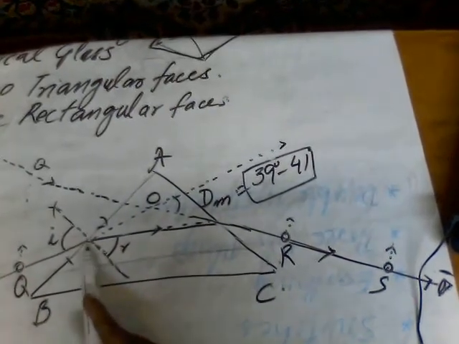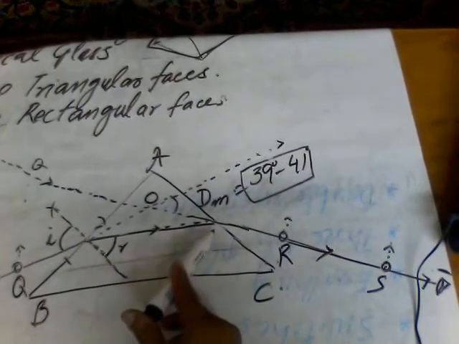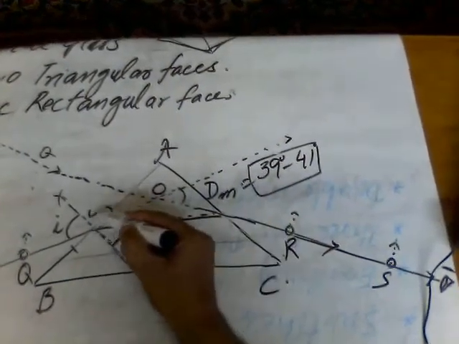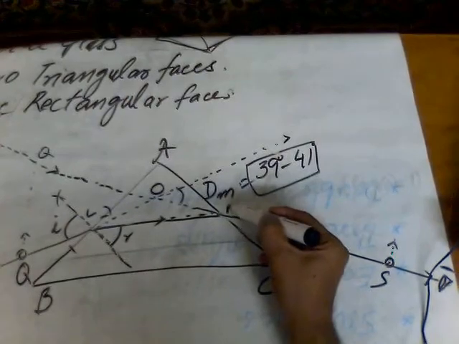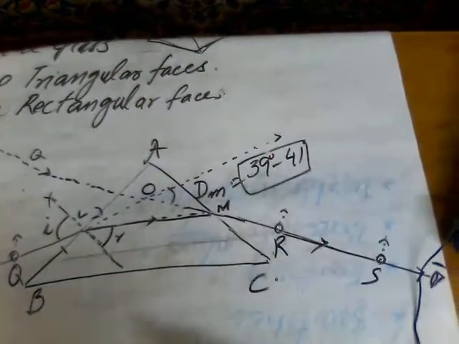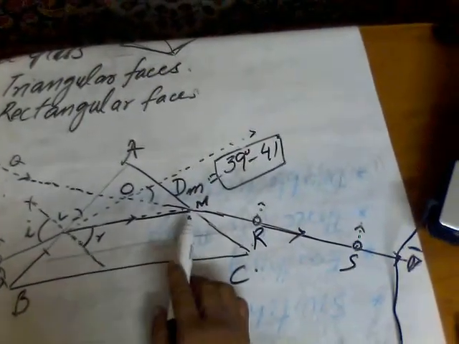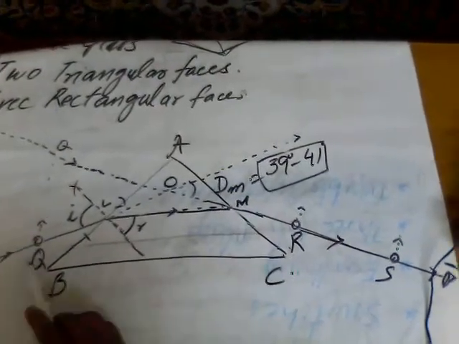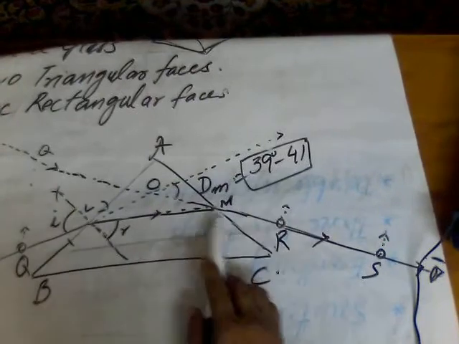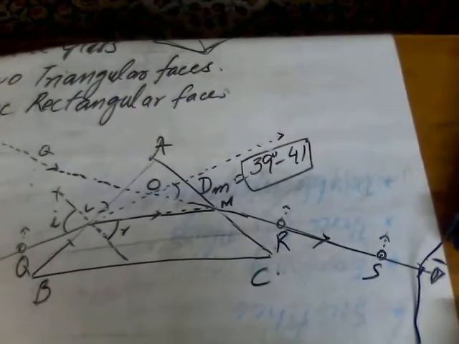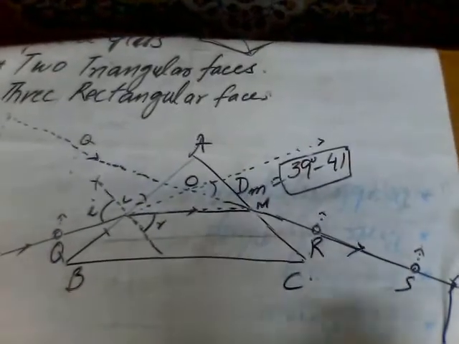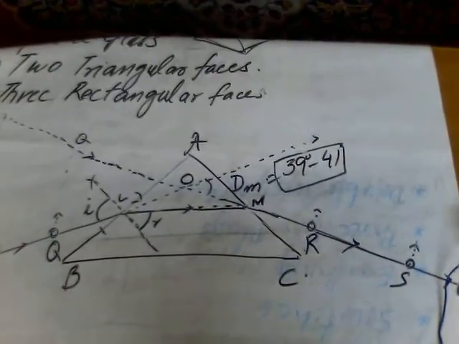Then we name this point L and this point M, and join L and M. So P, Q, L, M, R, S is the passage of light through the prism.